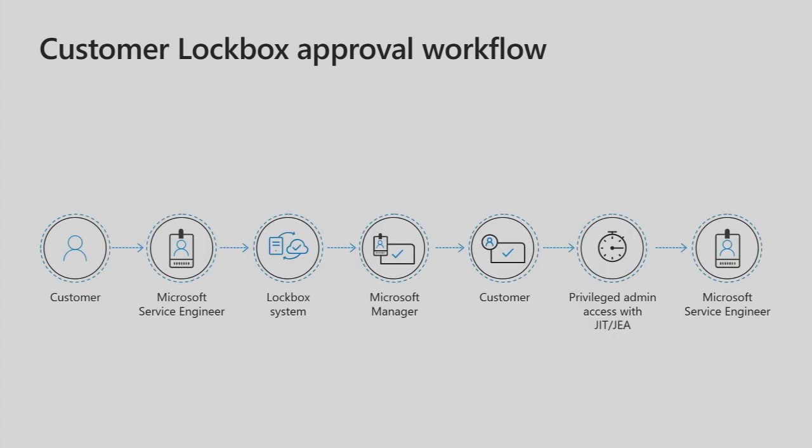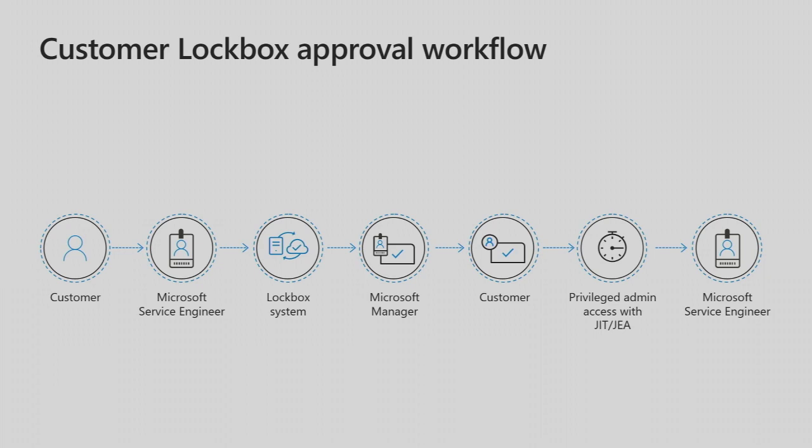We'll do a quick run through of the Customer Lockbox process, how it happens, and where customers are involved. So the process can be outlined as this. It starts from the customer. They reach out to Microsoft support for a problem that they are facing. The Microsoft service engineer support team reaches out to the Microsoft engineering team if they can't figure it out from their standard SOPs.